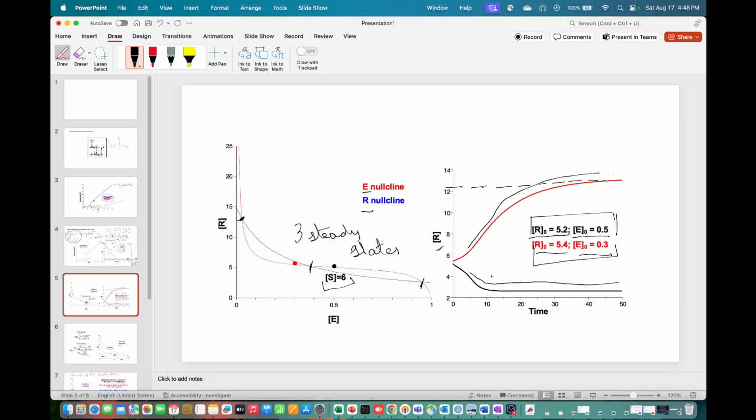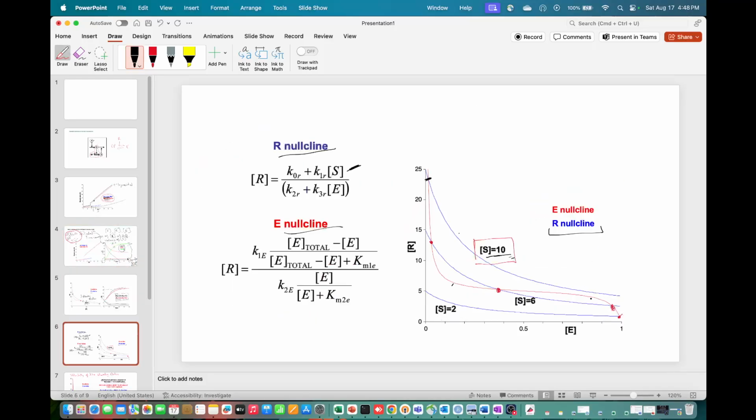saw from here. So for different values of S, you can have different numbers of steady states: 1, 3 and 1 again. In the middle value of S, which is S equal to 6, you will have 3 steady states, which is the maximum, and if you increase it from there, it will go down to 1.